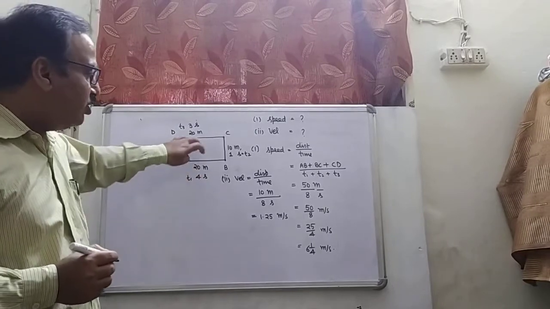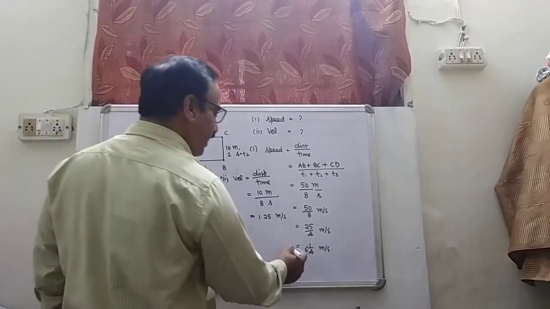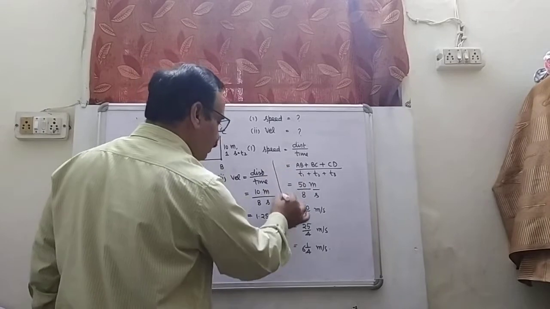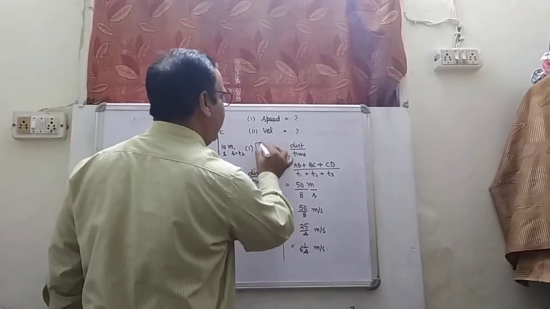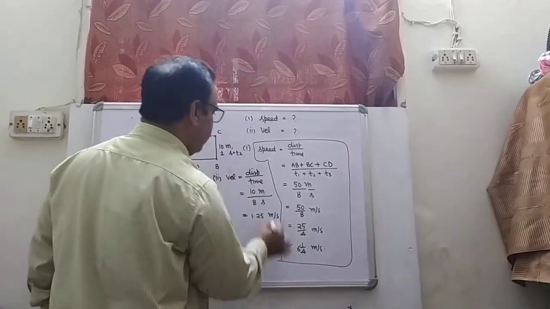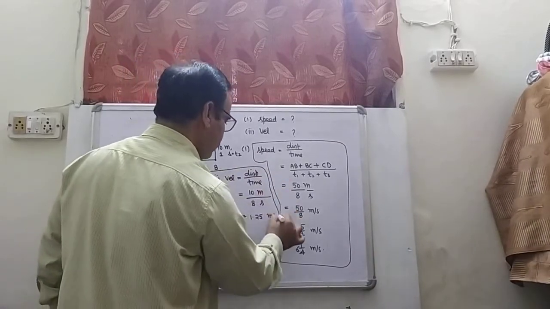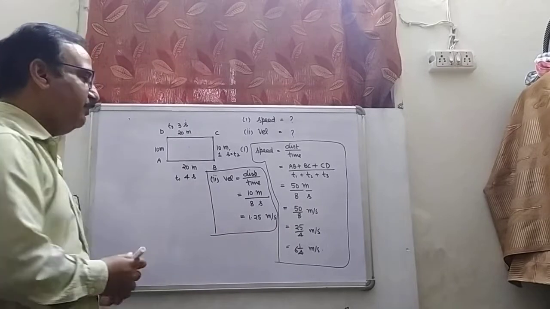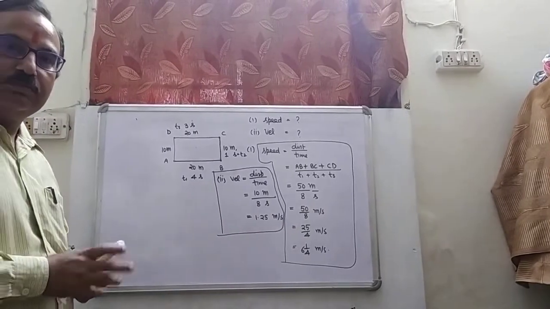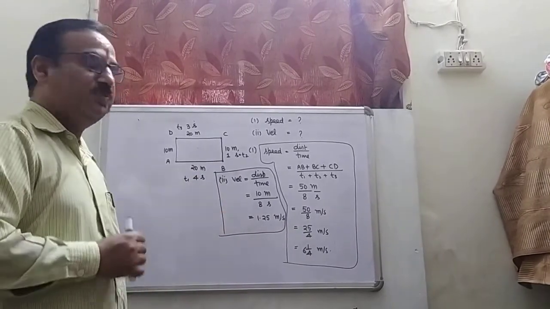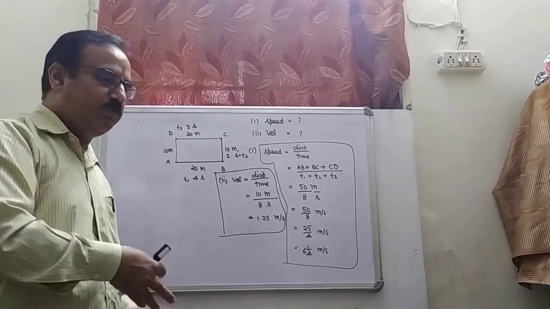So in that case, what are we observing? We are observing that the speed and the velocity are different in these two cases. Now we can understand how velocity is different from speed.